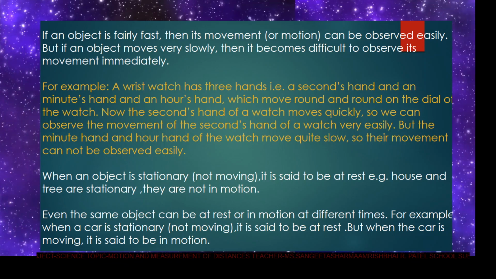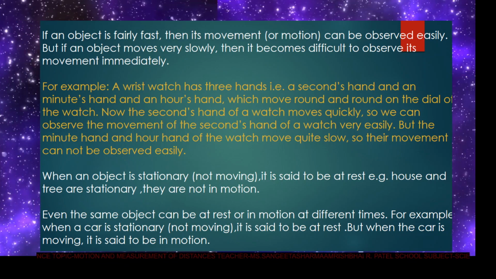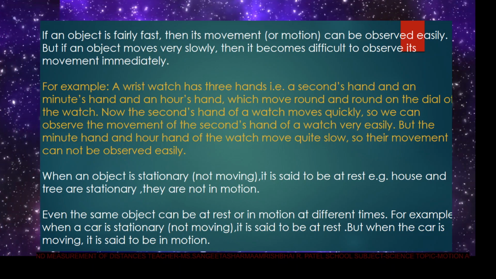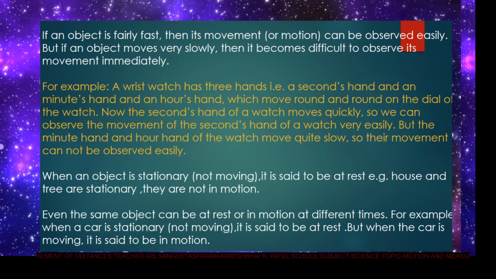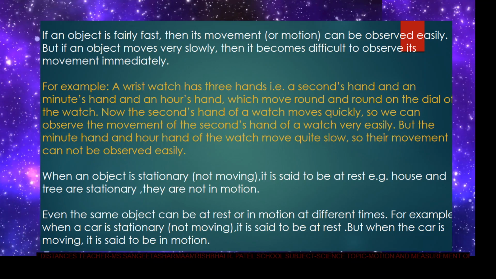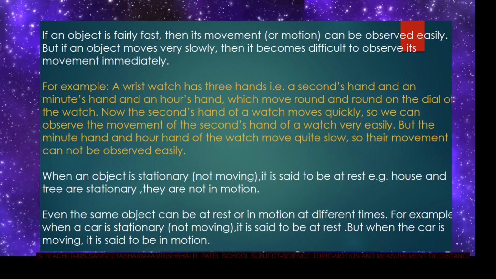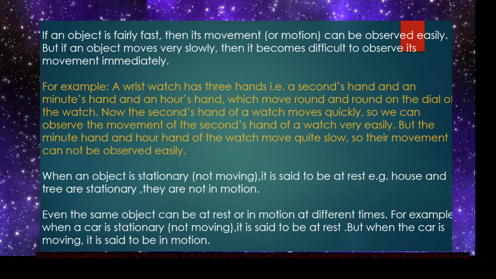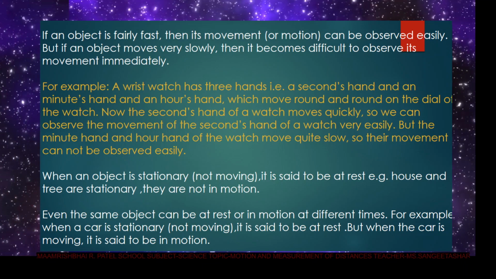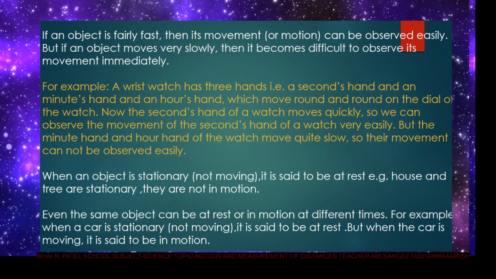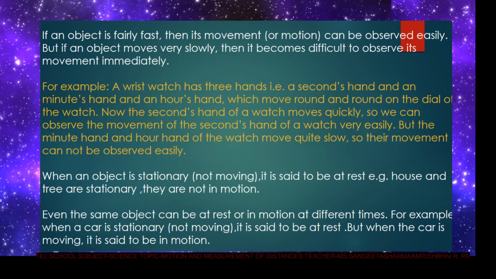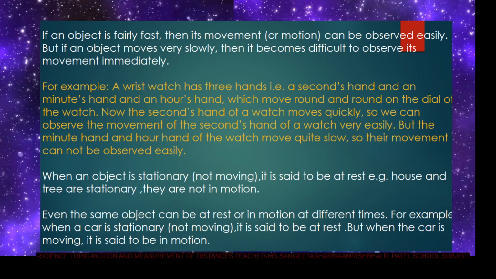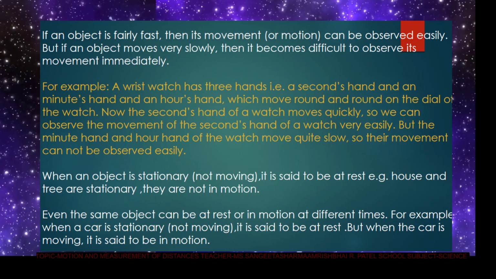We are taking the example of a wristwatch, in which there are three hands: a seconds hand, a minutes hand, and an hours hand, which move round and round on the dial of the watch. The seconds hand of a watch moves quickly, so we can observe its movement very easily. But the minute hand and the hour hand move quite slowly, so their movement cannot be observed easily.